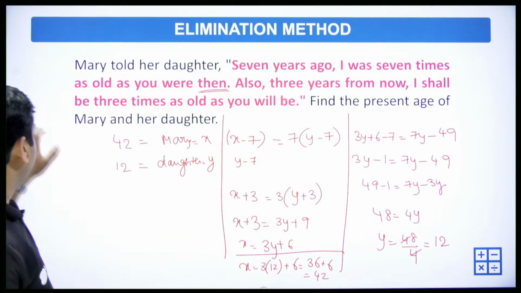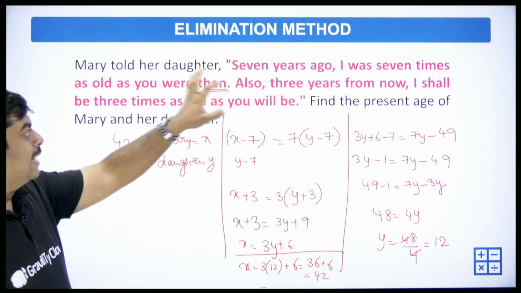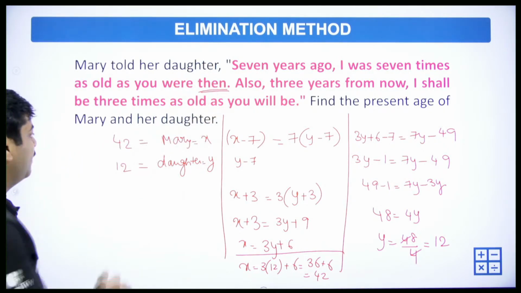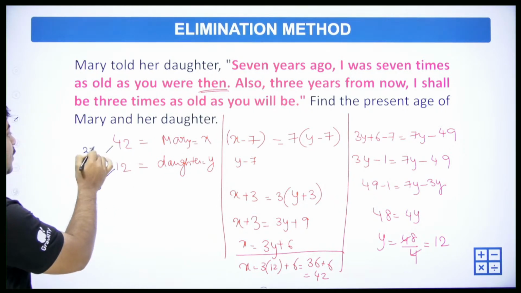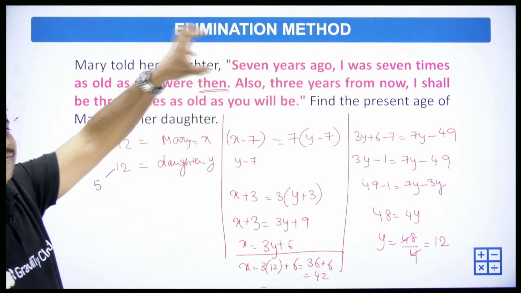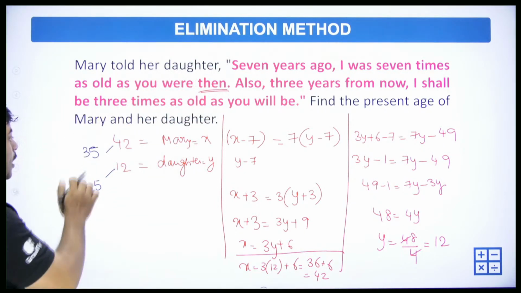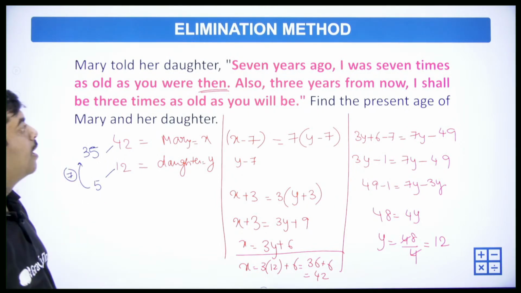Now let's try to understand the question once again as we came to the answer. 7 years ago, the age is 35. Correct? 7 years ago, I was 7 times as old as you were. Right? 5 times 7 is 35. Clear?